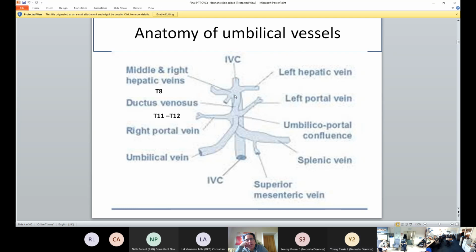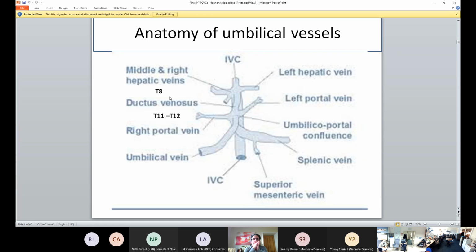This is the ductus venosus, which starts to go slightly posteriorly through the liver, and then upward to meet the second crossroad, which is the hepatic veins. So again, we continue straight to the inferior vena cava.